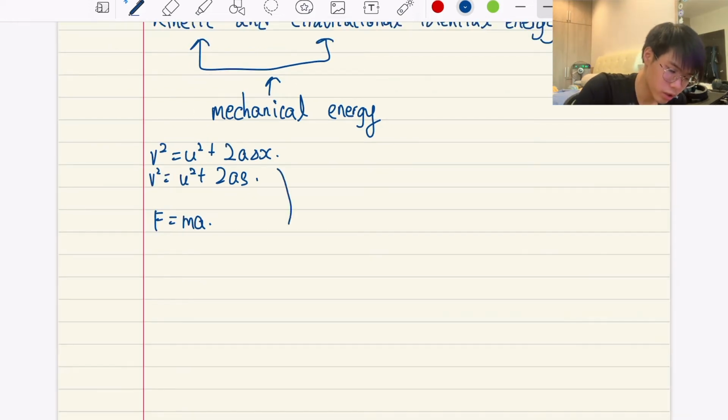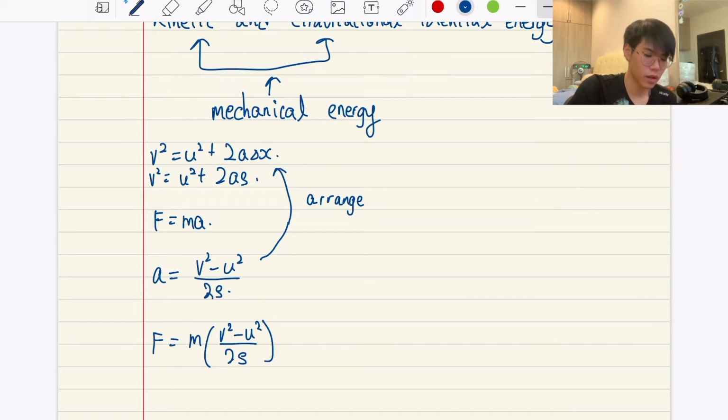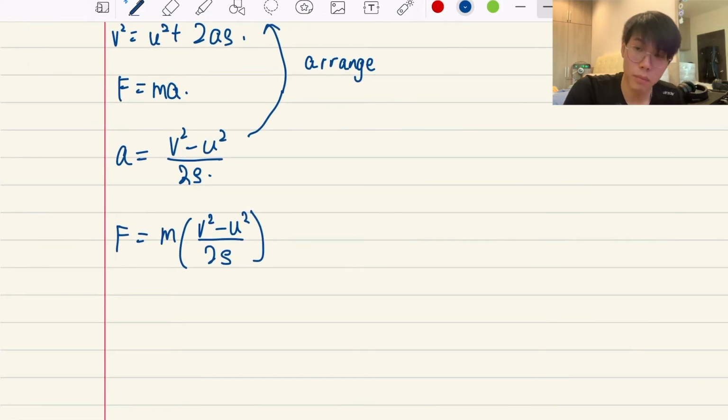If we rearrange this equation, we will get a equals v squared minus u squared divided by 2s. By substituting a into F equals ma, we get F equals m times v squared minus u squared over 2s.